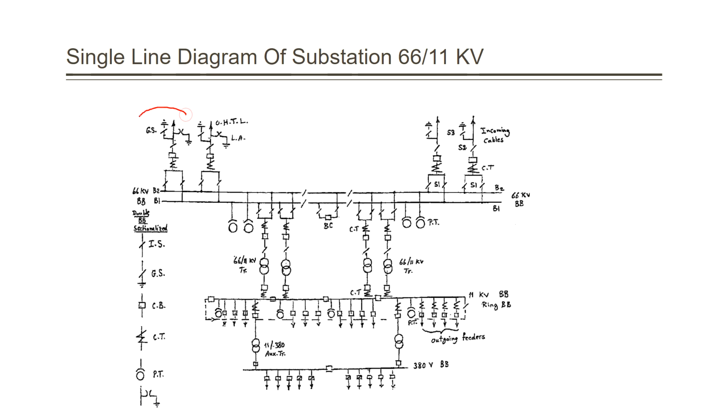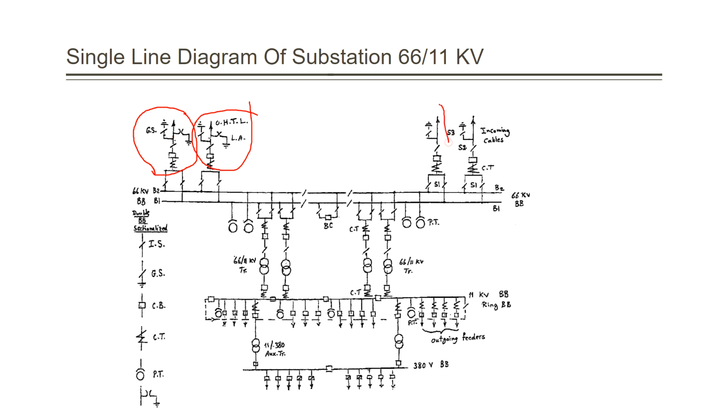First, we have here each of these lines, which is this part, and this one is an overhead transmission line of 66 kilovolt. This is another overhead transmission line of 66 kilovolt. They can be from the same source or two different sources.